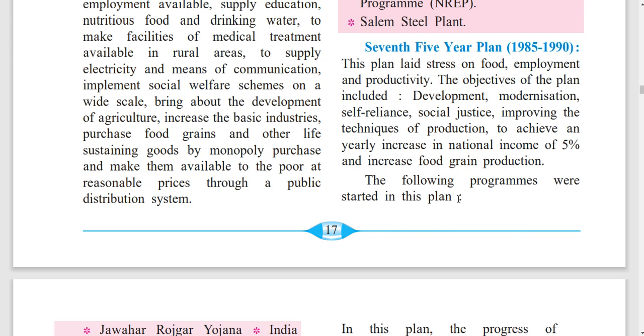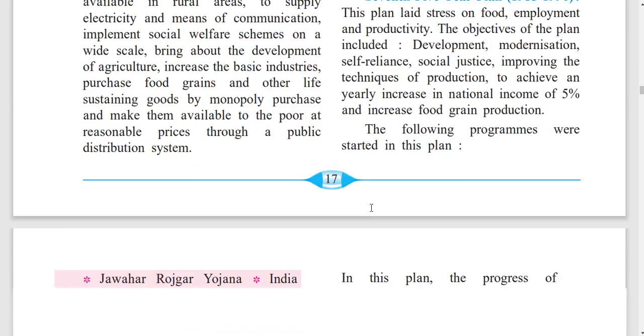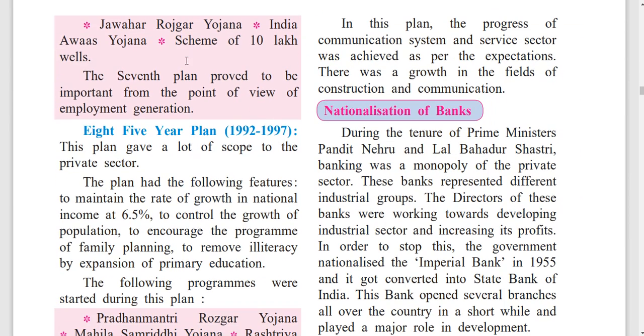The following programs were started in this plan: Jawahar Rozgar Yojana, Indira Awas Yojana, scheme of 10 lakh wells. The seventh plan proved to be important from the point of view of employment generation.